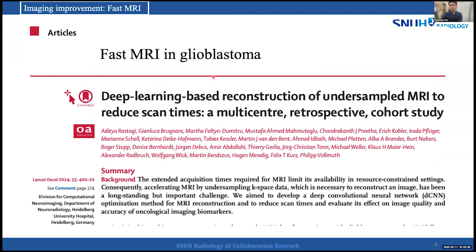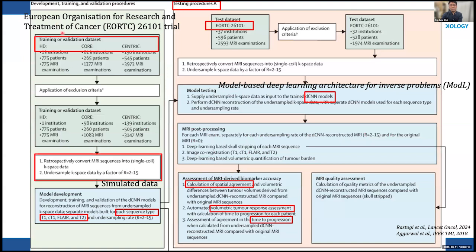The first paper is about fast MRI in glioblastoma, a multi-center retrospective study of reconstruction of undersampled MRI to reduce scan times. So they used three different large training or validation datasets, using simulated undersampled k-space data from the MRI by a factor of 2 to 15.